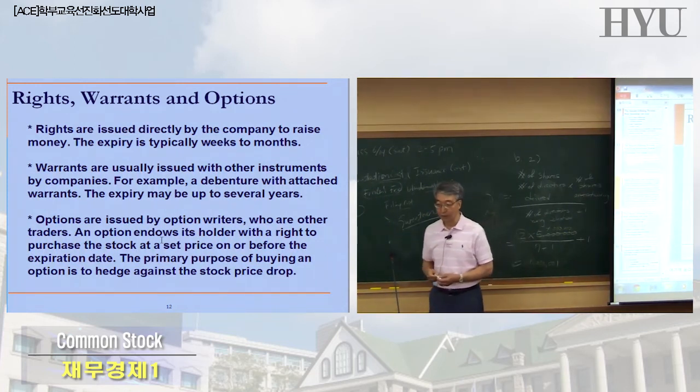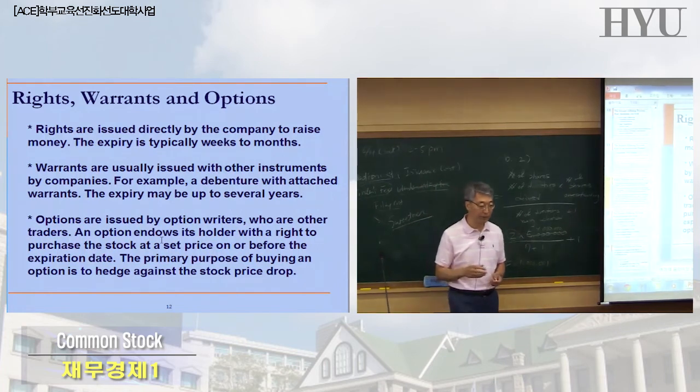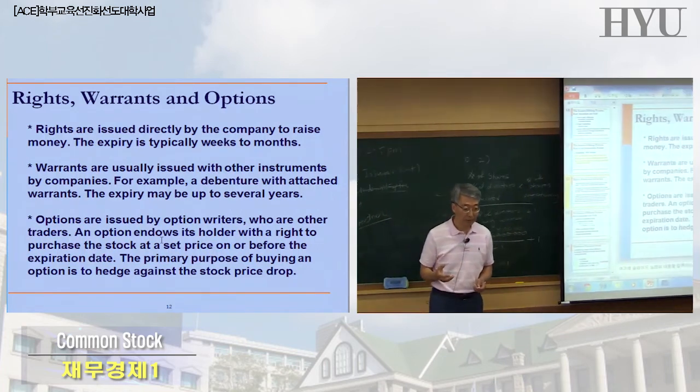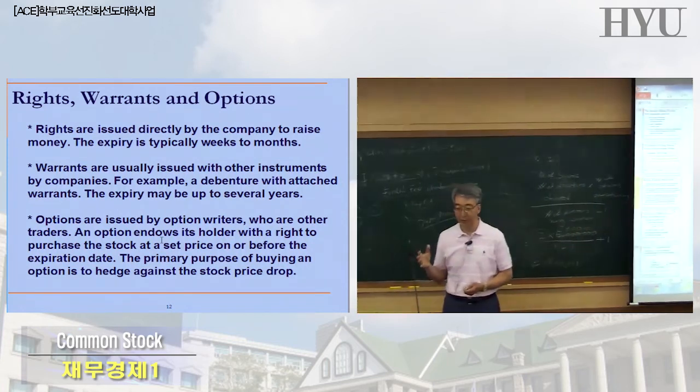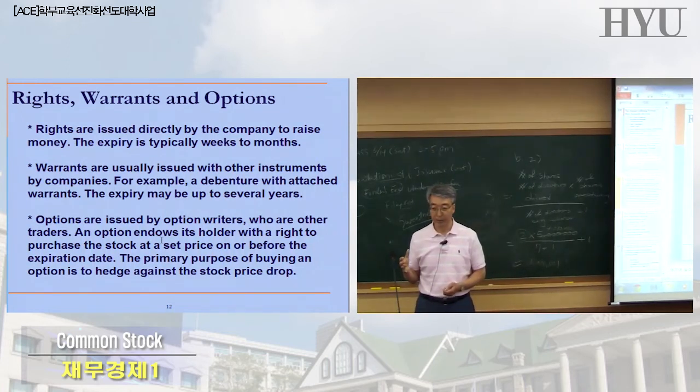Right? So if you purchase the bonds of company XYZ, you may get some warrants as well. Okay? The concept of warrant is, let's say, in 5 years, you can buy the shares of XYZ stock.